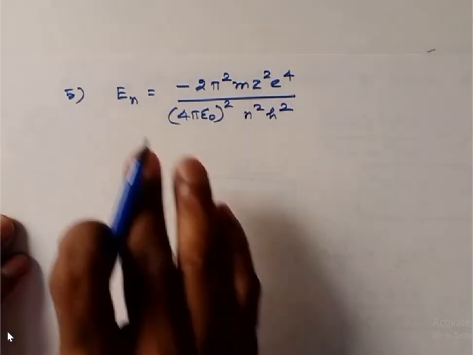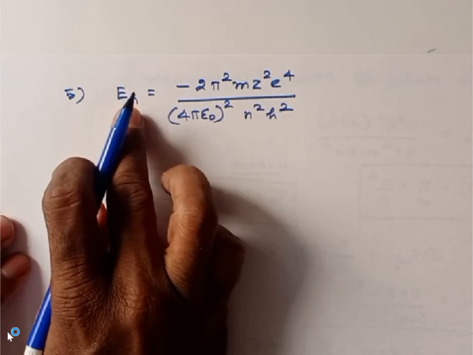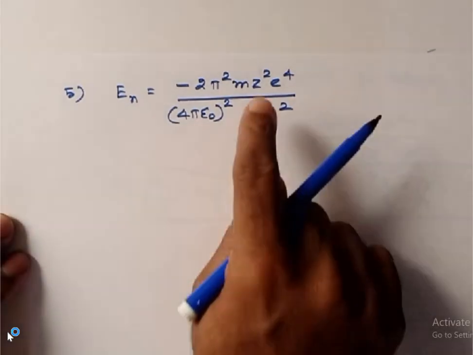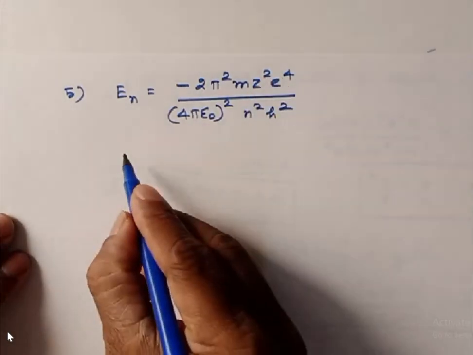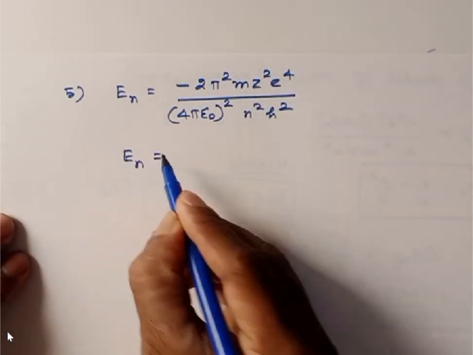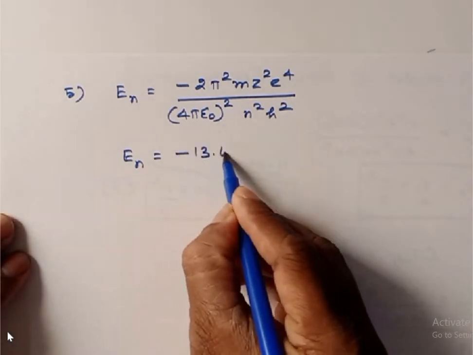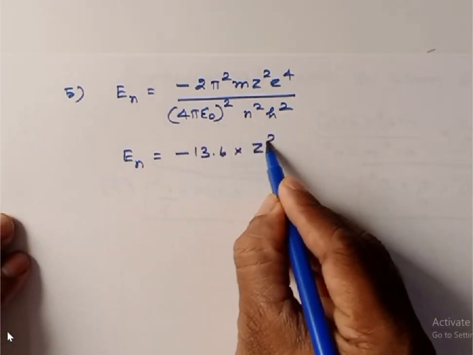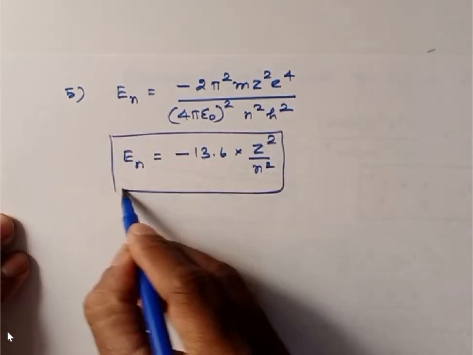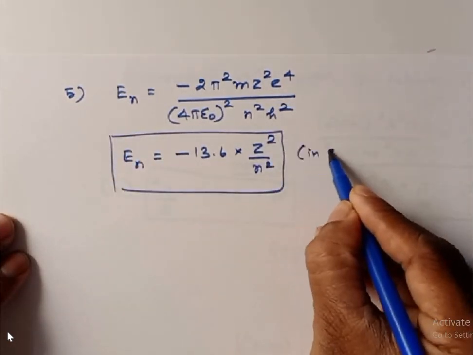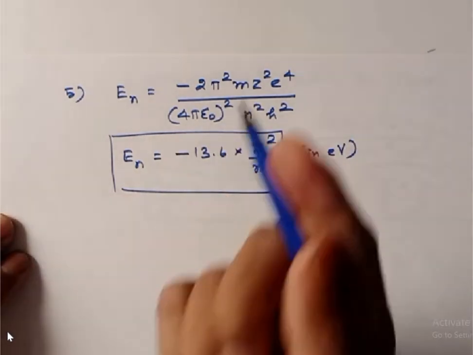This is the formula for the total energy of an electron present in the nth orbit. Except z and n, all other things are constant for an electron. So if I substitute, I'll get the energy of the electron in the nth orbit as minus 13.6 times z square by n square. We will get the energy in electron volt per atom. This is energy for one atom.